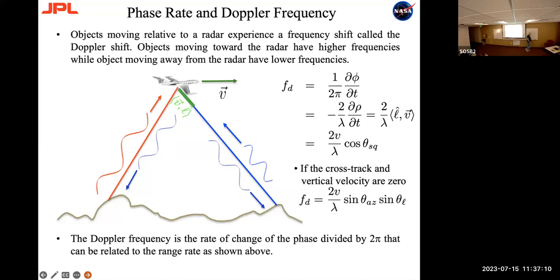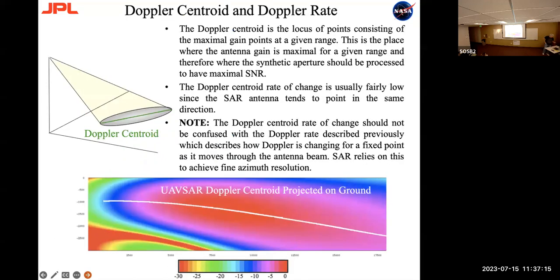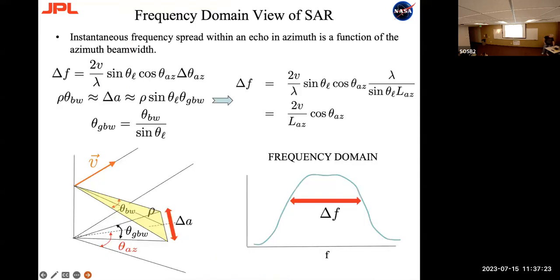You will see people talk about the Doppler centroid. It's for processing data; it is related to how you process the data and form synthetic aperture imagery. Remember, the Doppler centroid and the phase history are different things. What determines the azimuth resolution is how much Doppler variation there is. That's where the bandwidth comes in the azimuth direction. It's related to the bandwidth that I get in this direction.